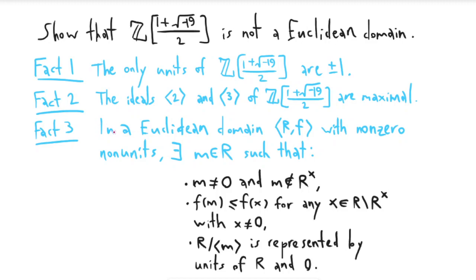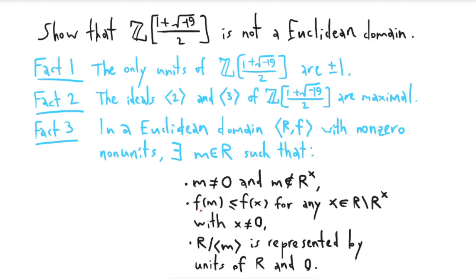And then the third fact is a more general fact about Euclidean domains that contain non-zero non-units. And that's that, in any such Euclidean domain, there's at least one element m such that the following are true. This element m is not 0 and is not a unit. If I choose any non-zero non-unit x, the image of x under the Euclidean function is at least as big as m.